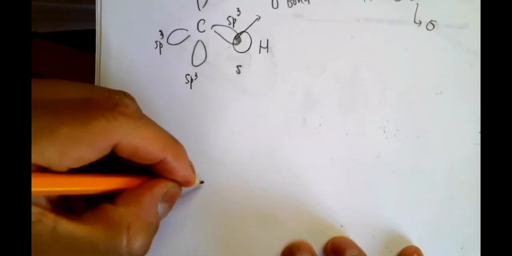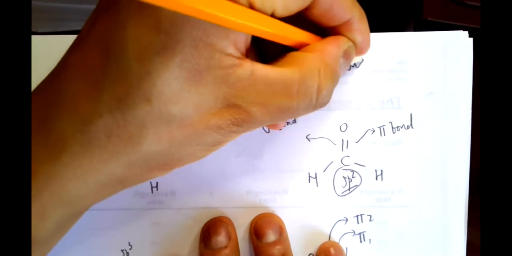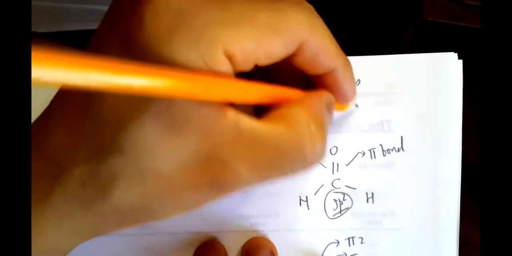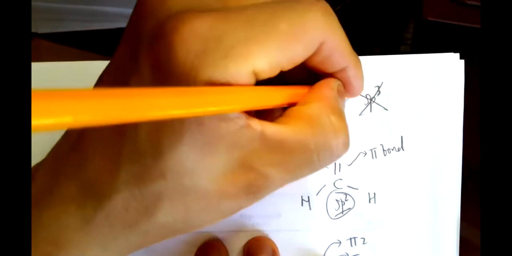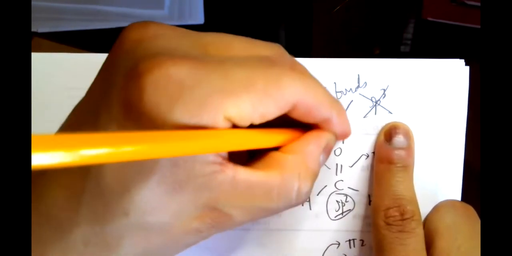What happens in a pi bond? I'll show you what happens in a pi bond. Remember, a pi bond has to be at sp2 hybridization. You cannot form pi bonds with sp3. sp3 does not allow you to form pi bonds. To form pi bonds, you need sp2 or sp.